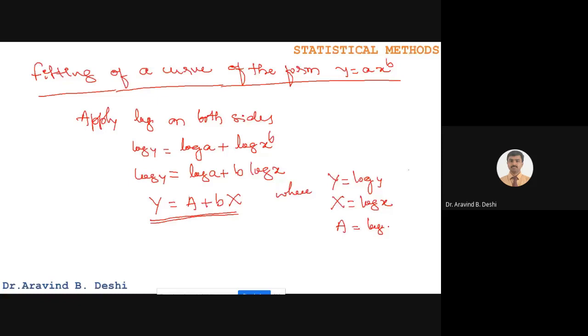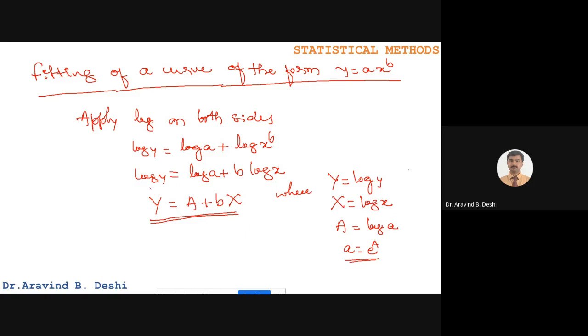This is log to the base e, the natural logarithm. In the calculator, we can press the ln option for this. We want the unknowns small a and small b, but by solving we get capital A, and we want small a. Therefore, from this equation, we write a equals, applying antilog, e to the power A.